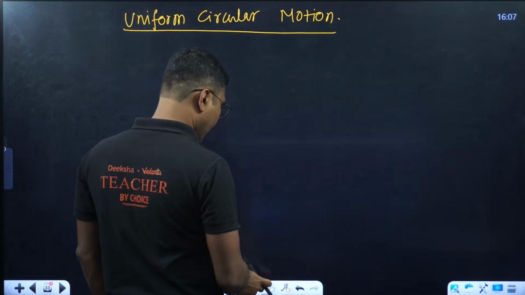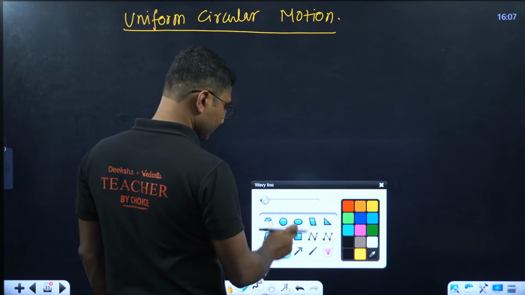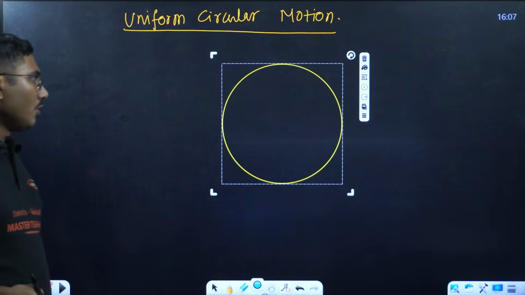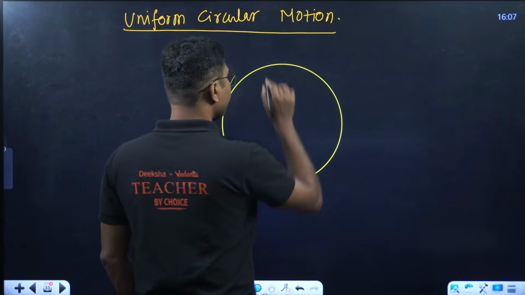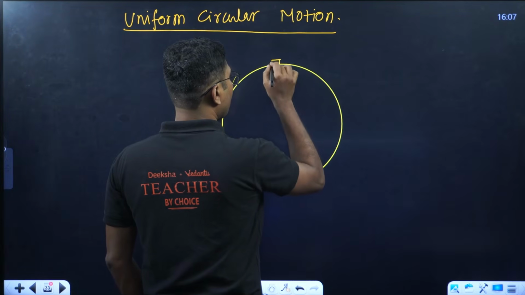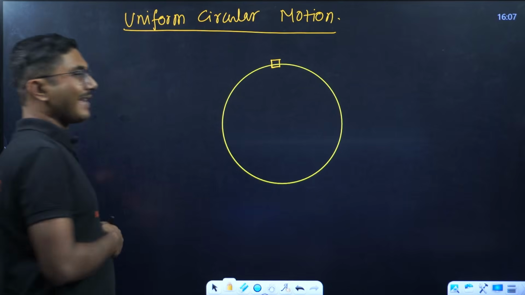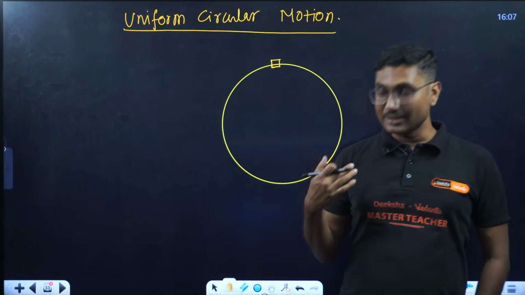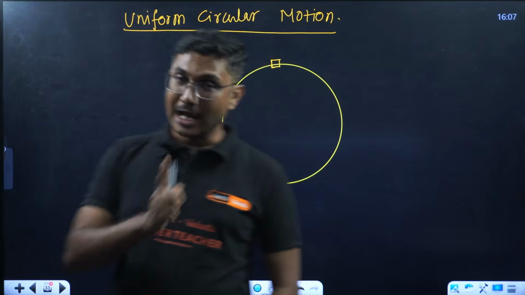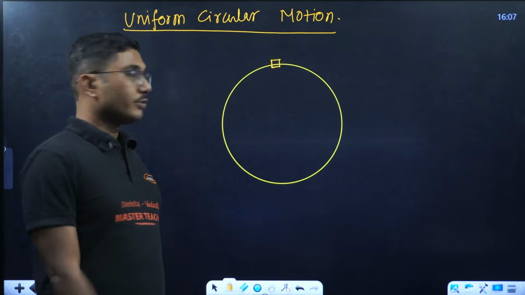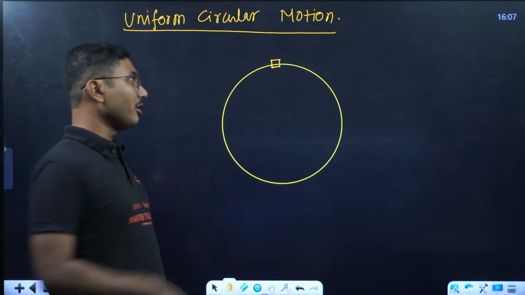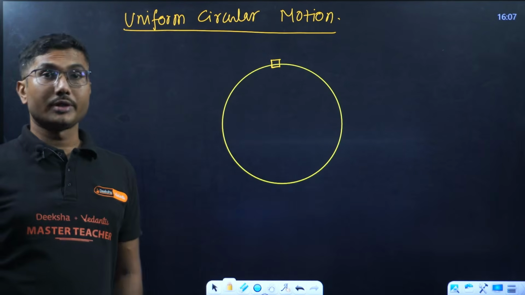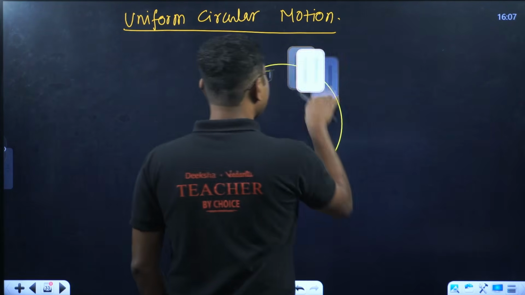So here we have a circle. Now if we have an object which is rotating along the circle at a constant speed without getting accelerated, without any change in the speed, I am talking about speed, remember. So it is moving at a constant speed along this path, then it is called uniform circular motion. So that means speed is constant.